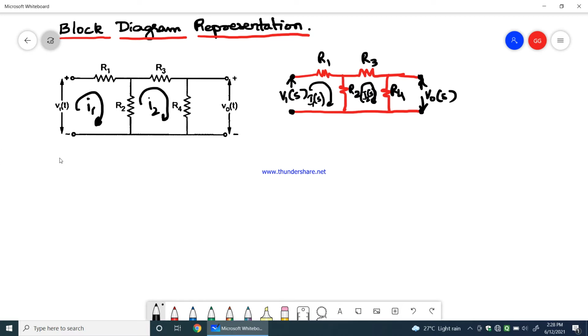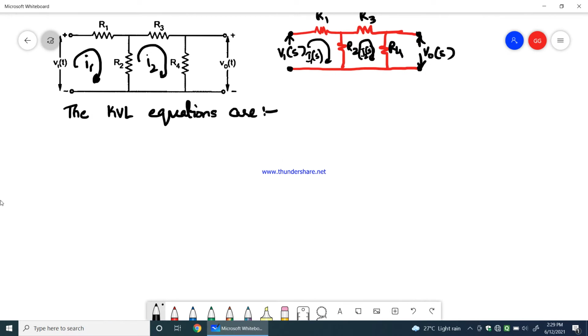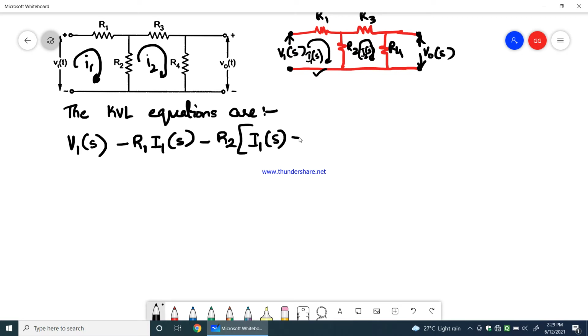Now, as usual, we'll write the KVL for both the loops. Let me write the KVL for this particular loop. V1 of S minus R1 into I1 of S minus R2 into I1 of S minus I2 of S equals 0.